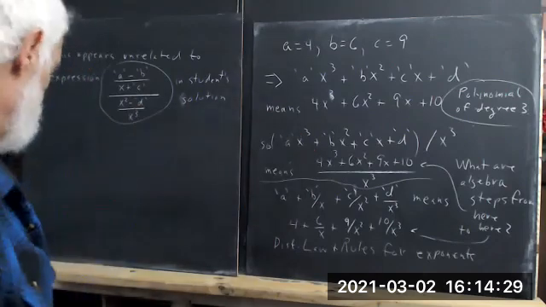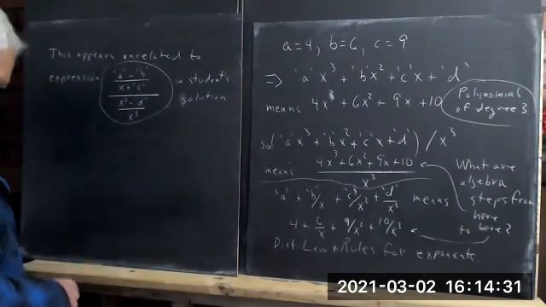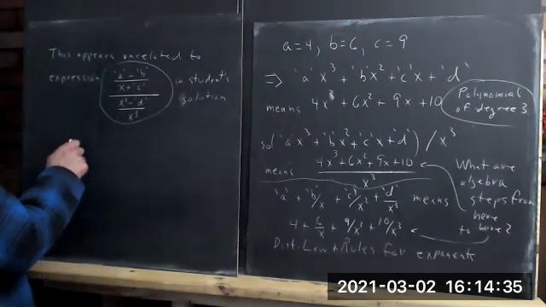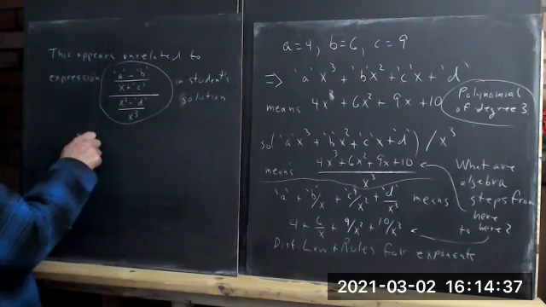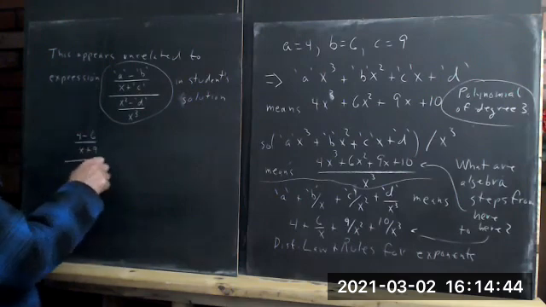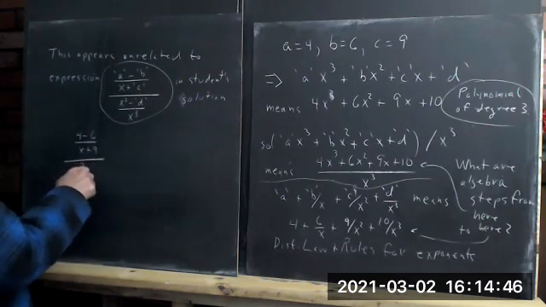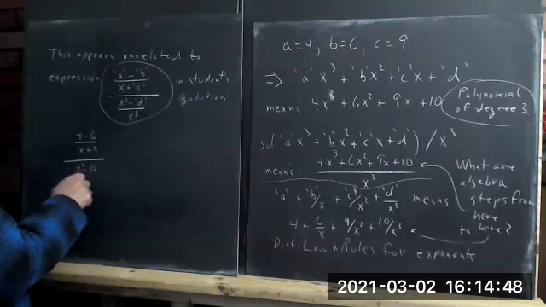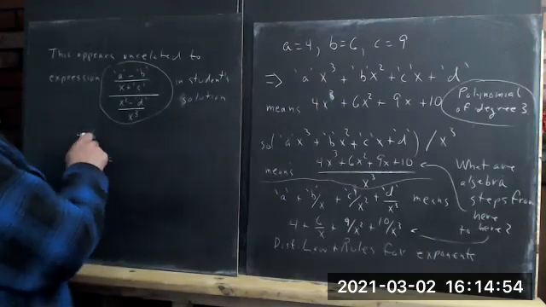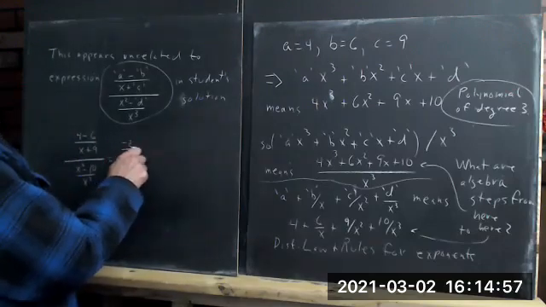So I'm going to tell you how this expression simplifies, just to make sure we understand. This is going to be 4 minus 6 divided by x plus 9, divided by x squared minus 10 divided by x cubed. Well, first of all, 4 minus 6 is negative 2.